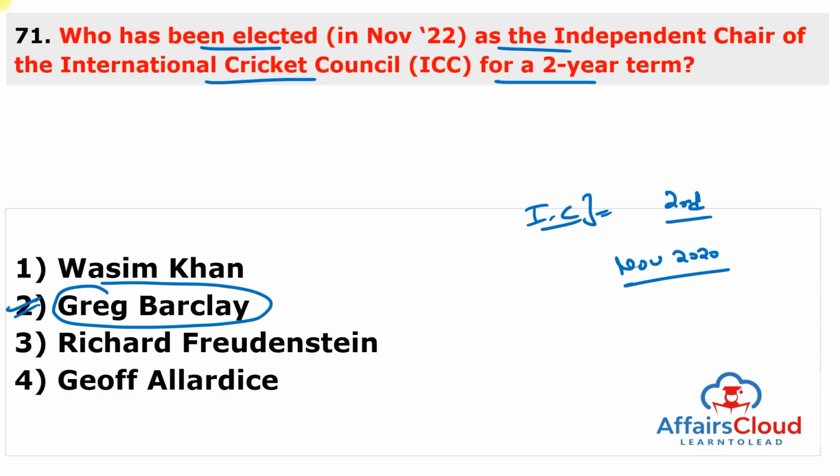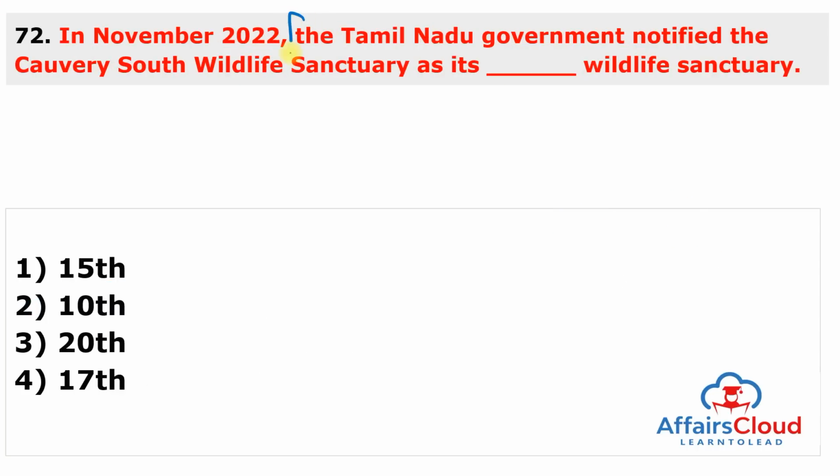Moving to next question. In November 2022, the Tamil Nadu government notified the Kaveri South Wildlife Sanctuary as its dash Wildlife Sanctuary. This is Tamil Nadu's which number of wildlife sanctuary? This is 17th wildlife sanctuary. Answer of this question is 4.